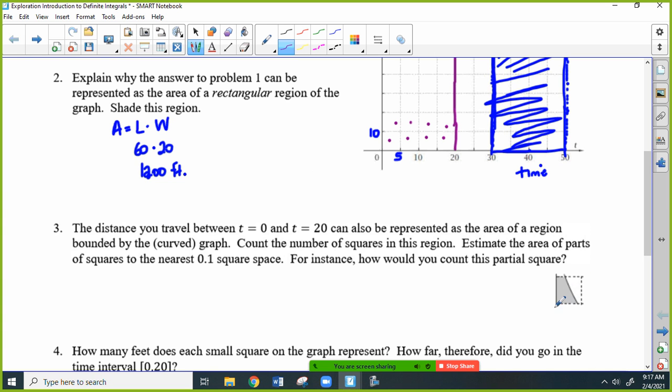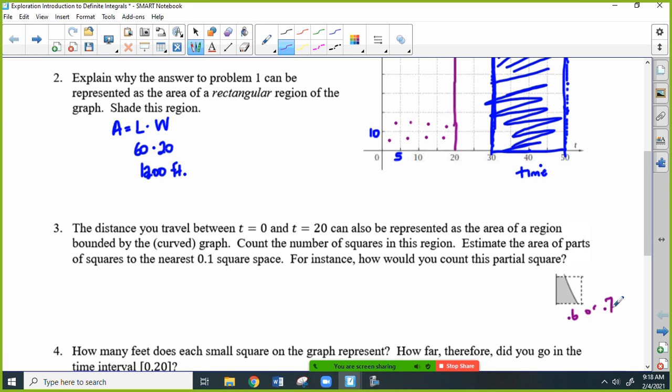So what would you estimate this particular example to be? Like how much of one block? 0.7, okay, maybe 0.6, definitely more than 0.5, so maybe 0.6 or 0.7.